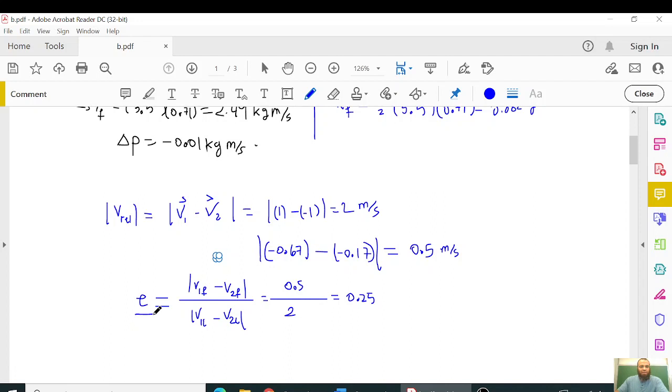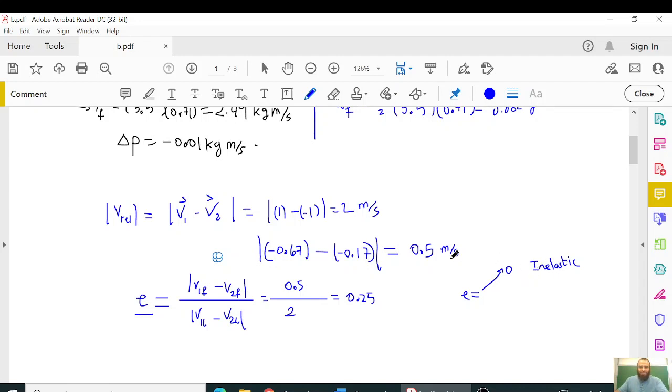Okay. If E is 0, then it is perfectly inelastic, not elastic, which makes sense. If they're stuck together, what's their relative velocity afterwards? They're both moving together, so their relative velocity is 0 because they're both moving at the same rate.